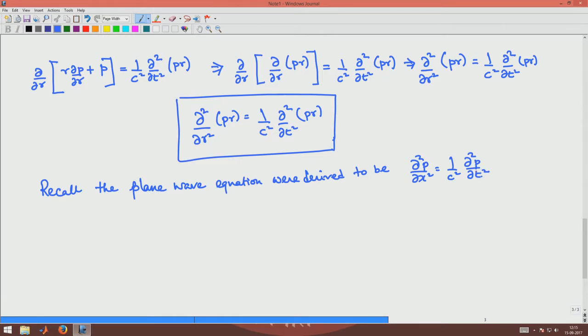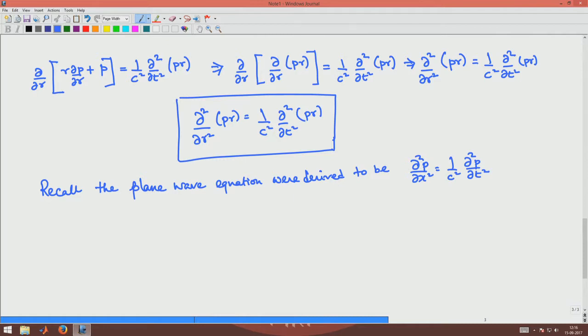So, the only difference between the plane wave equation and the spherical wave equation as we have derived lies in the fact that the space variable x has been replaced by the radius variable r, and instead of solving for p, we now can solve for p times r.